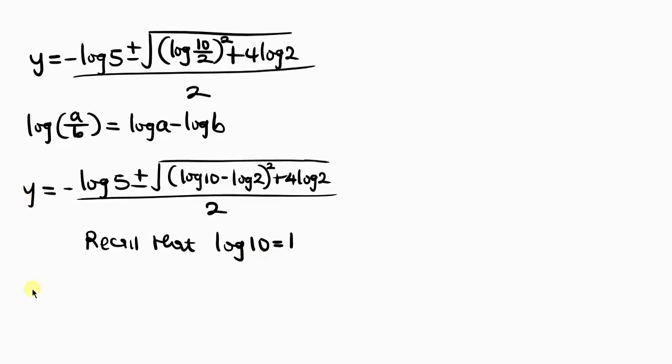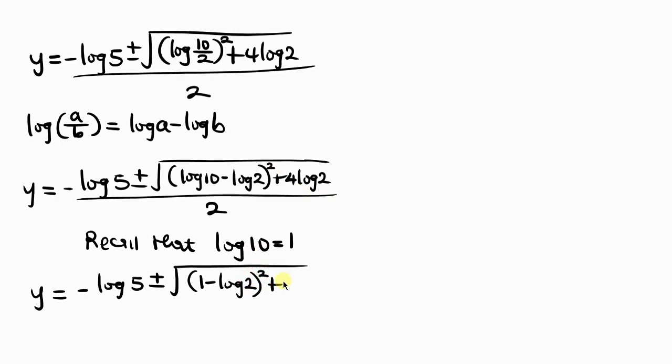So we have y to be equal to negative log 5 plus or minus the square root of, so this becomes 1 minus log 2. So 1 minus log 2, and this is raised to power 2 plus 4 log 2, 4 log 2 all over 2.